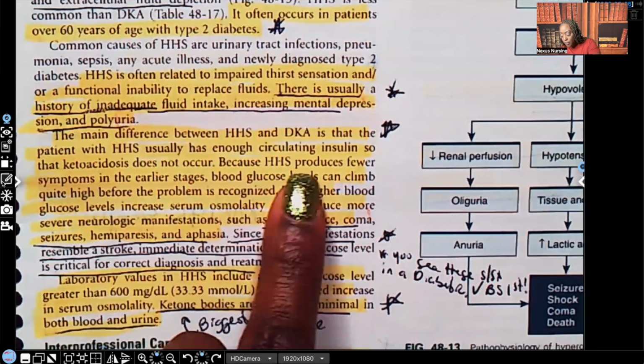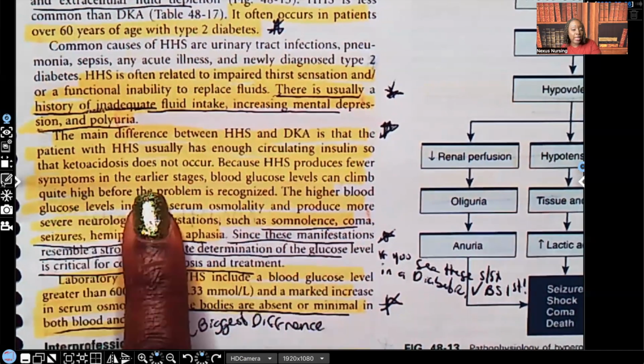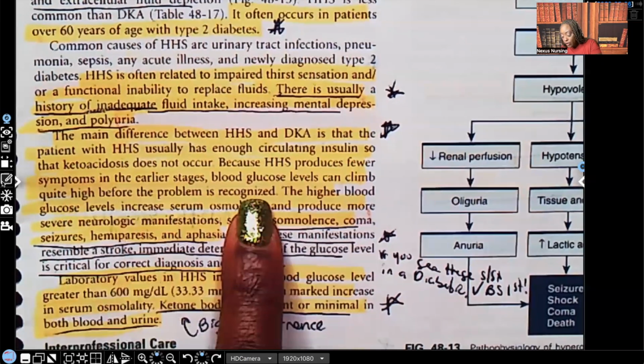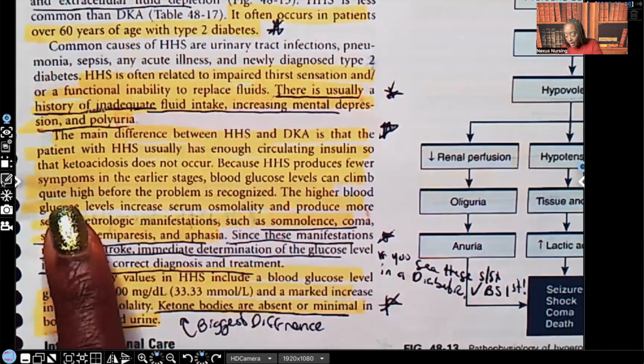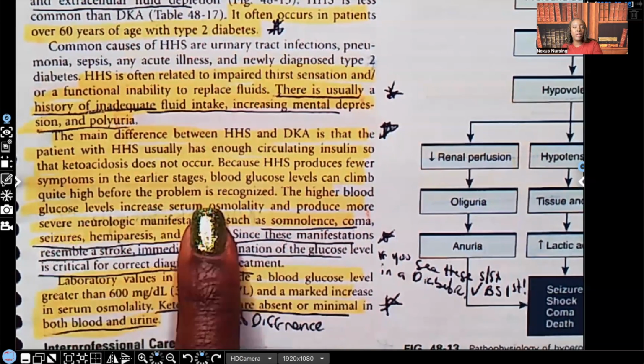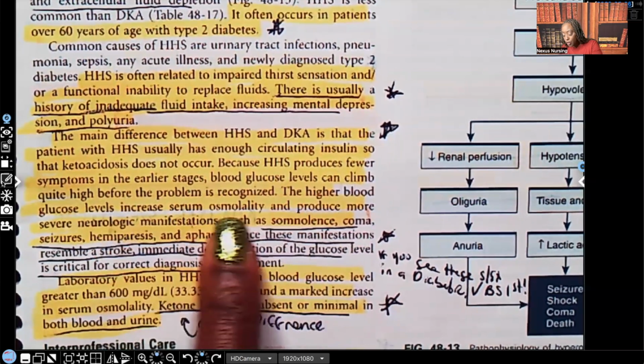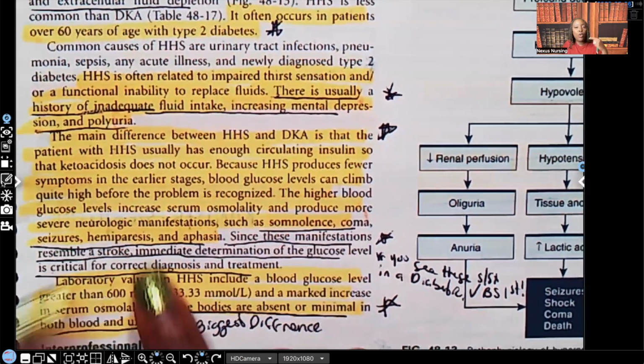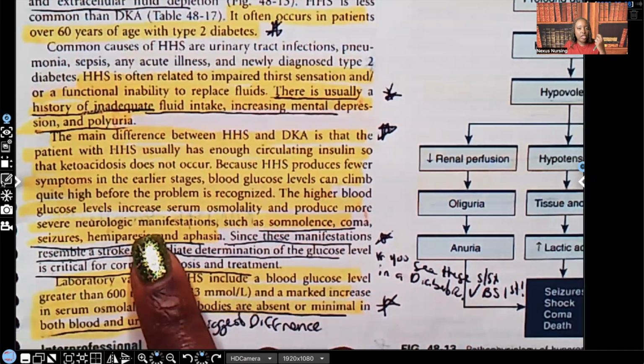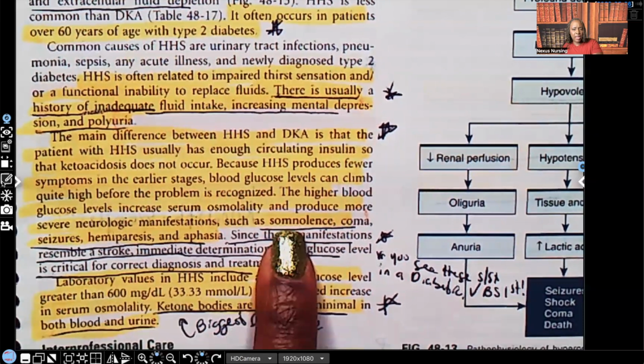Because HHS produces fewer symptoms in the earlier stages, blood glucose levels can climb quite high before the problem is even recognized. You guys see that? The higher blood glucose levels increase serum osmolality and produce more severe neurological manifestations. We're going to see some CNS changes, such as somnolence.